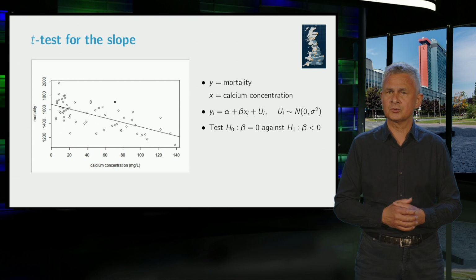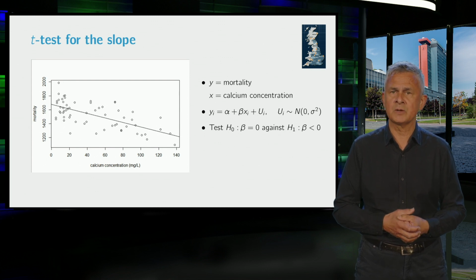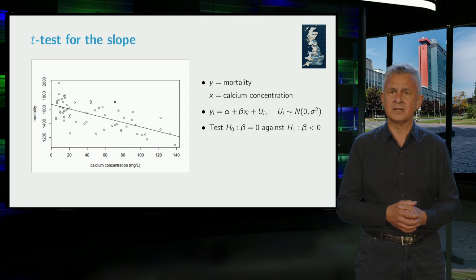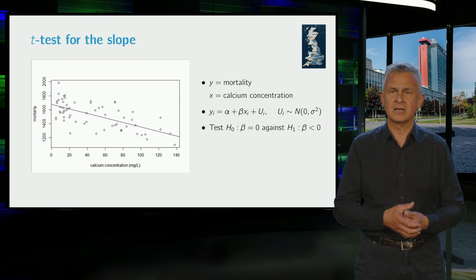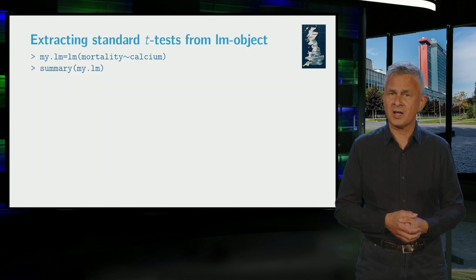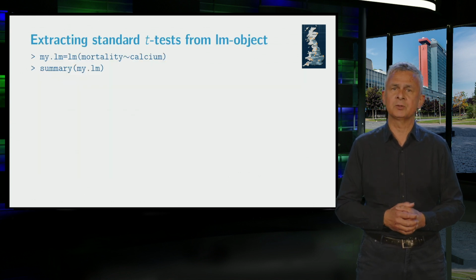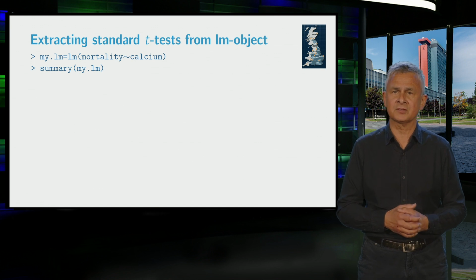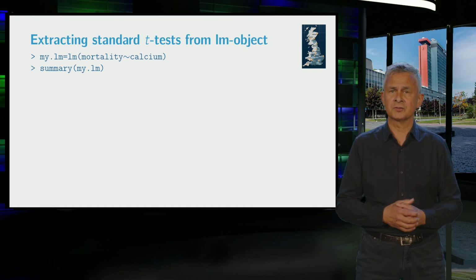Okay, let us return to the mortality example for which we want to test the null hypothesis beta equals 0 against the alternative that it is smaller than 0. The result of this statistical test is part of the standard output that can be extracted from the fitted lm object by the function summary.